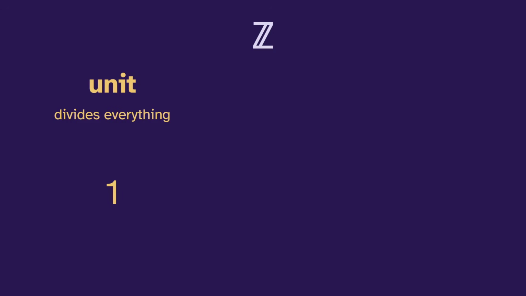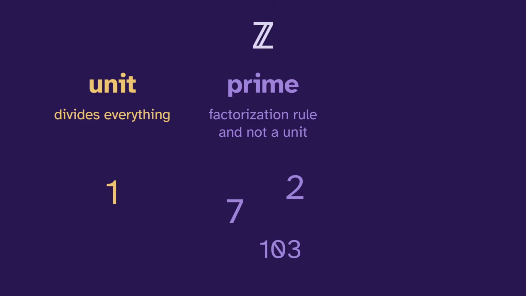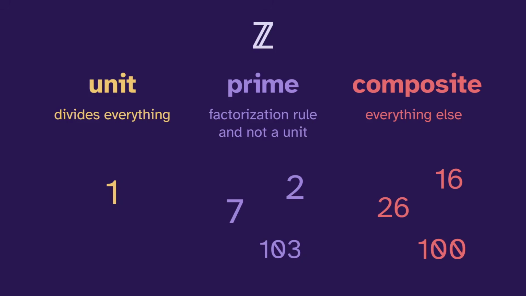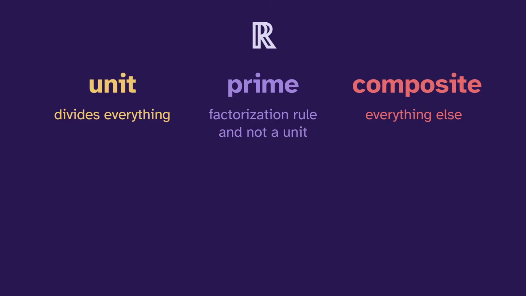1 is called a unit. Primes are the numbers that follow the factorization rule and aren't units. They're the ones that follow the factorization rule in an interesting way. And then composites are everything else. Let's see how this applies to the real numbers. Well, everything is a unit.